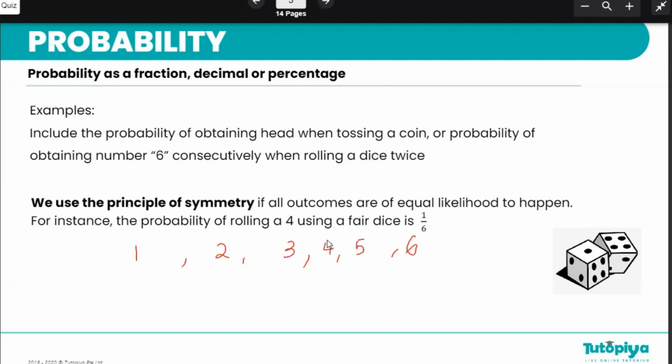Now if I want to find the probability of obtaining a 4, I can see that there's just one event that I can get a 4 in. So that's 1 divided by the total number of outcomes that I have, and in this case, that's going to be 6. So the probability of rolling a 4 using a fair dice is 1/6.